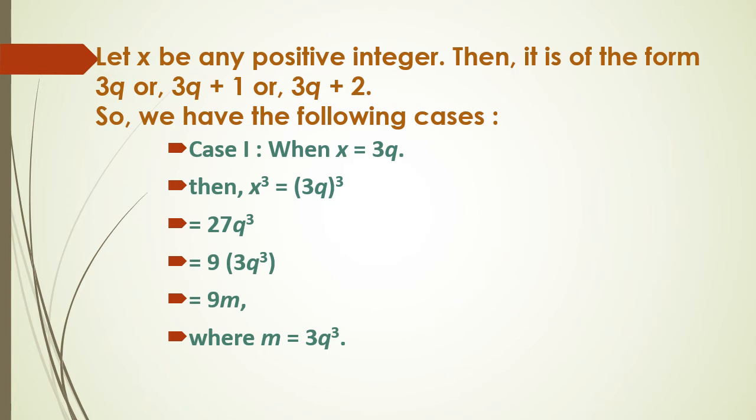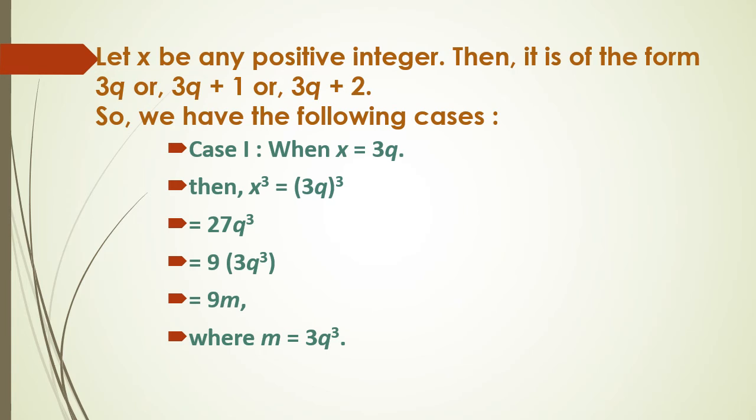We have applied Euclid's division lemma where r should be less than b. Here b is 3. So r can take three values: one is 0, another is 1, and the third is 2. r cannot be like 3q plus 3. Mind well, children, don't commit this mistake. r cannot be 3q plus 3.